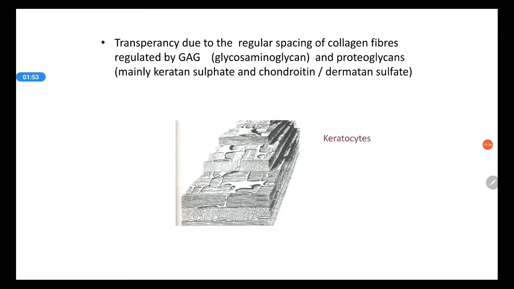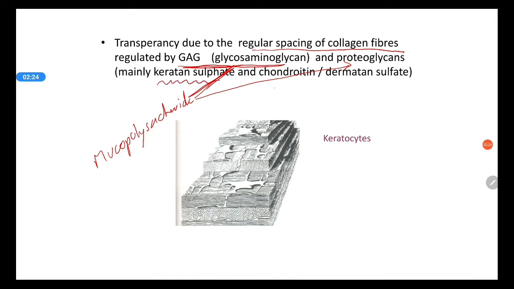The transparency again is actually due to the regular spacing of the collagen fibers, and there is some coordination of these collagen fibers with respect to mucopolysaccharides, which are seen in the corneal stroma as glycosaminoglycans and proteoglycans, which are called keratan sulfate and chondroitin sulfates.